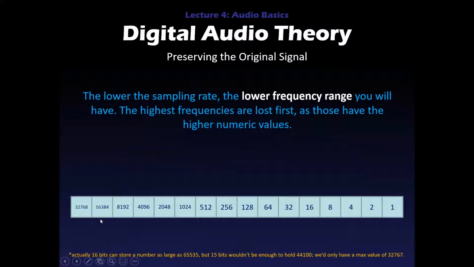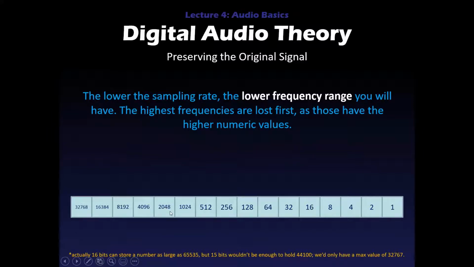Imagine if I took less samples per second. Now I only need to have them represented. I'm going to only do 4,096 samples per second or something like that. So my frequency range is being severely limited. Okay, and it doesn't take long for this to start to just really roll off.